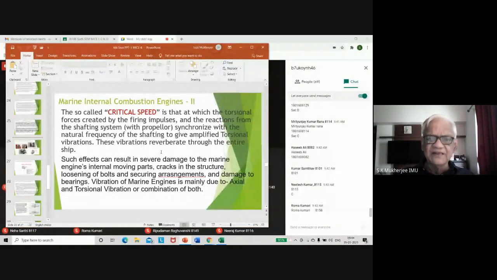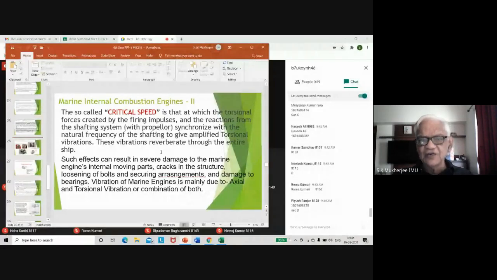Such effects can result in severe damage to the marine engine's internal moving parts, cracks in the structure, loosening of bolts, securing arrangements, and damage to bearings. Vibrations of marine engines are mainly due to axial vibration and torsional vibration, or a combination of both.